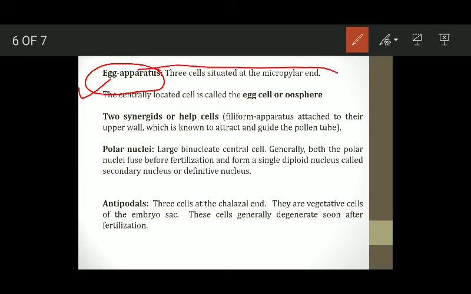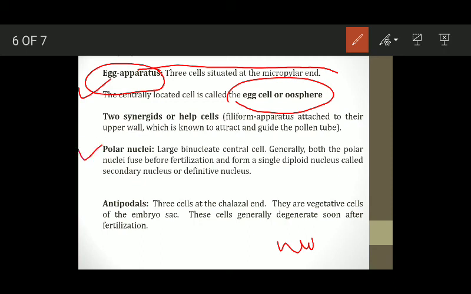The centrally located cell of the egg apparatus is called the egg cell or oosphere. The lateral 2 cells are called synergids or help cells. These cells form the filiform apparatus. They form invaginations at their upper wall, and these invaginations are known to attract and guide the pollen tube.